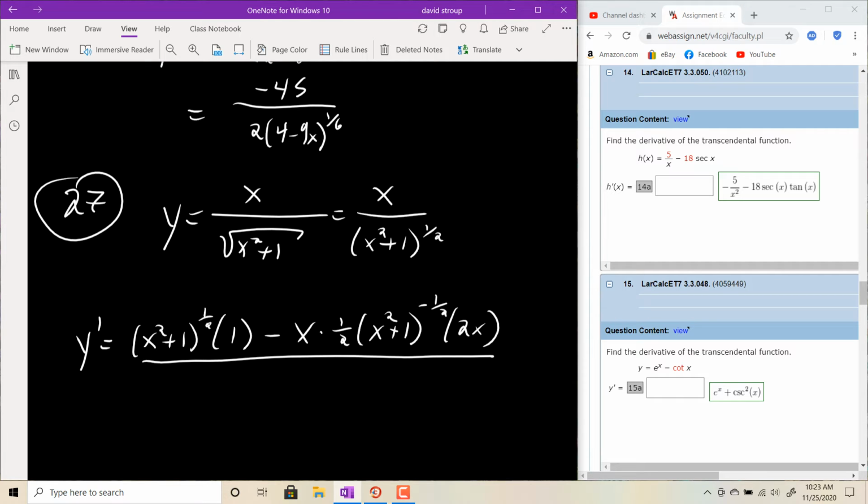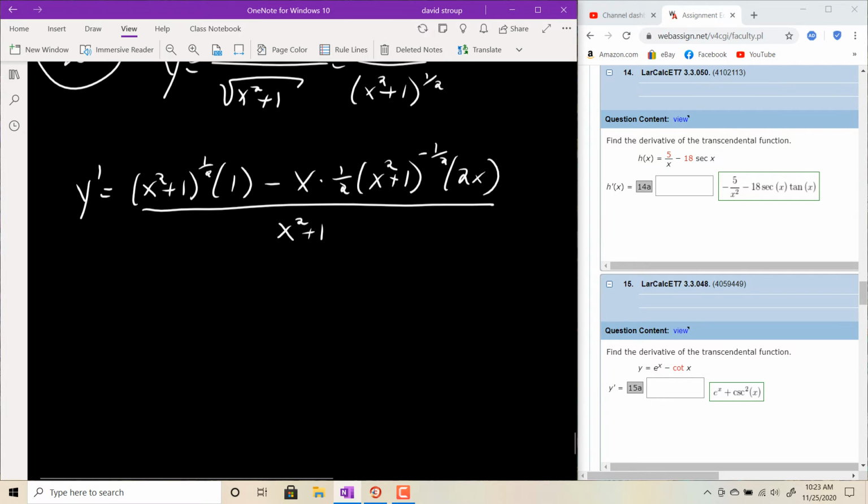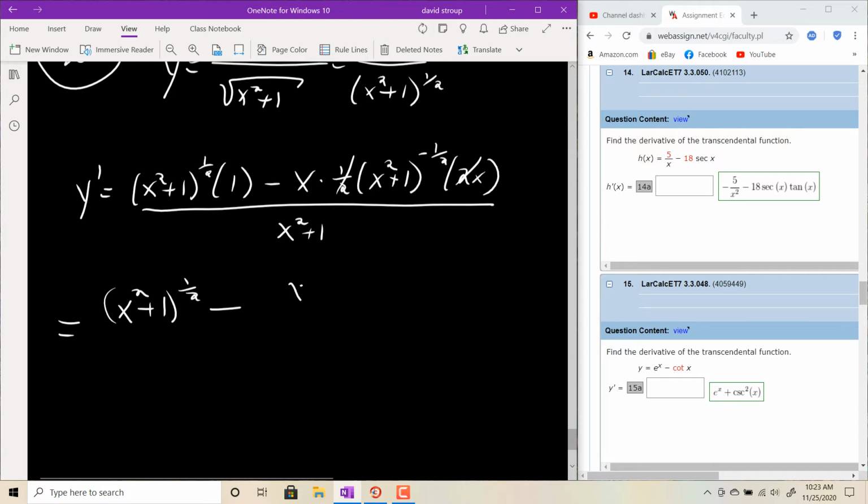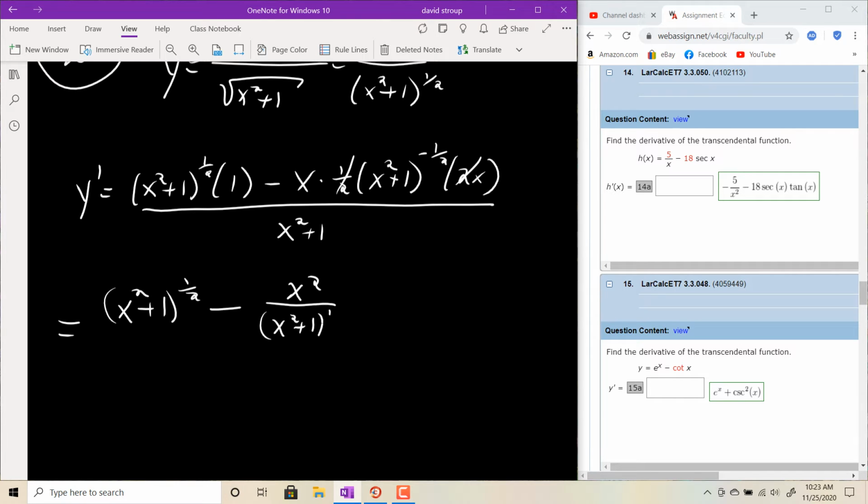X squared plus 1 to the 1/2 squared is just x squared plus 1 to the first power. Look, if you rewrite it like that, then the minus 2 will cancel the 1/2. You'll have x squared all over x squared plus 1 to the 1/2, all over x squared plus 1.